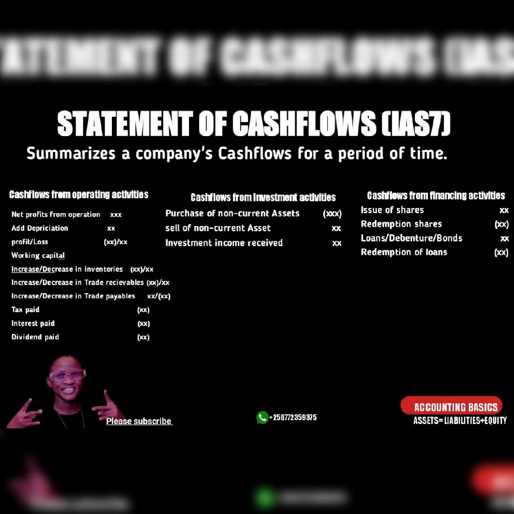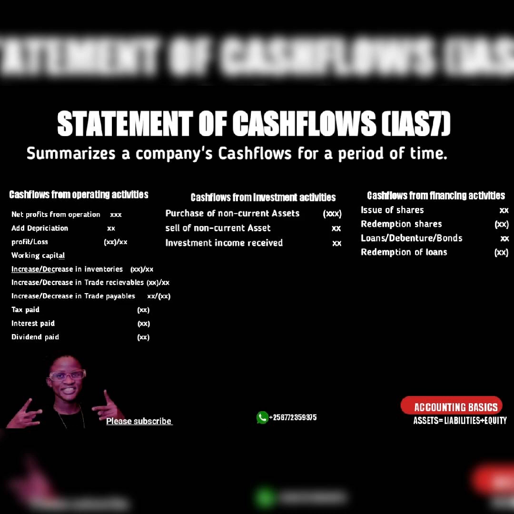Let me first talk about activities in cash flow. In the statement of cash flow, we have three activities: operating activities, investment activities, and financing activities. So cash flows are summarized through these activities.